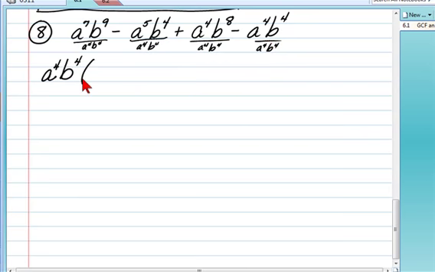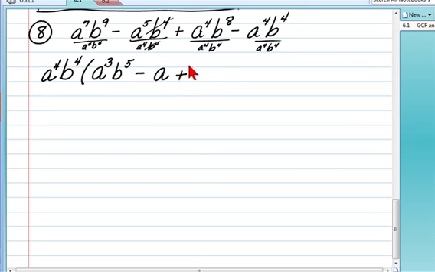For the first term, I have a to the 7th over a to the 4th, which will be a to the 3rd. I have b to the 9th over b to the 4th, which will be b to the 5th, minus I have a to the 5th over a to the 4th, which will just give me a, but what happens to the b's? They cancel out or divide out, so it is if I'm saying it's a times 1, which is a.